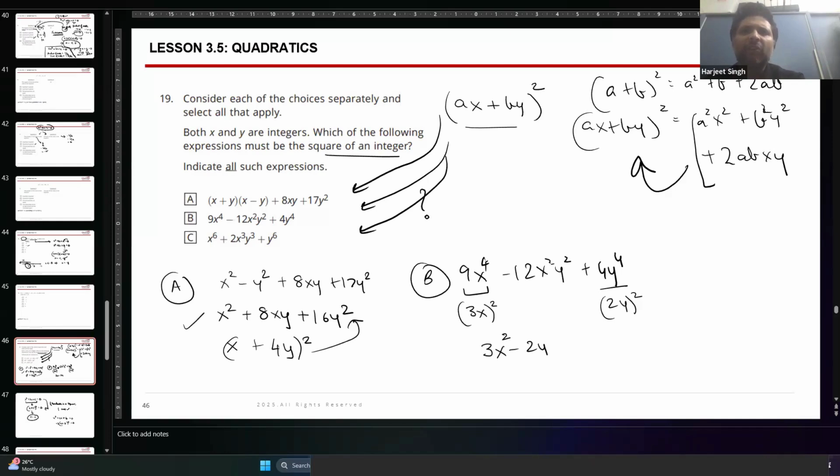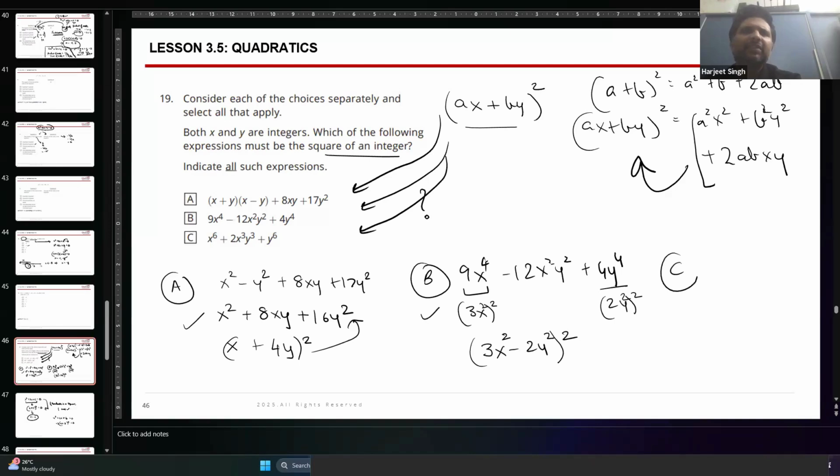And in fact, here we are talking about squares inside because it's raised to 4. So I will write 3x square whole square and 2y square whole square. So this can also be written in the format of a square term, which is 3x square minus 2y square whole square.